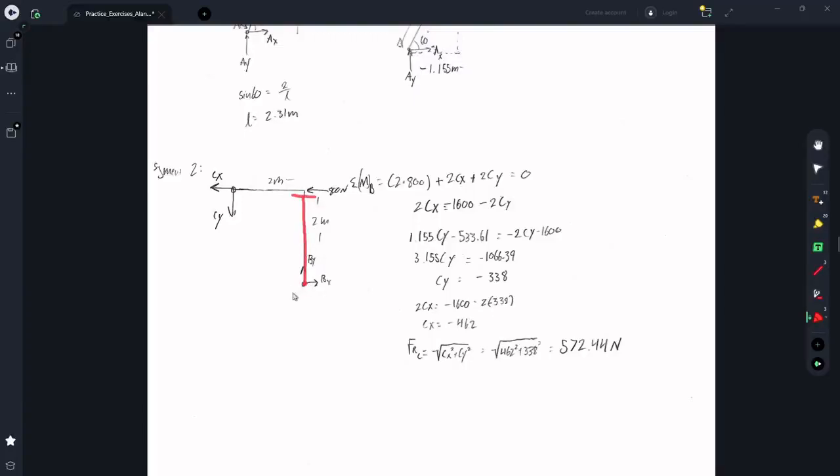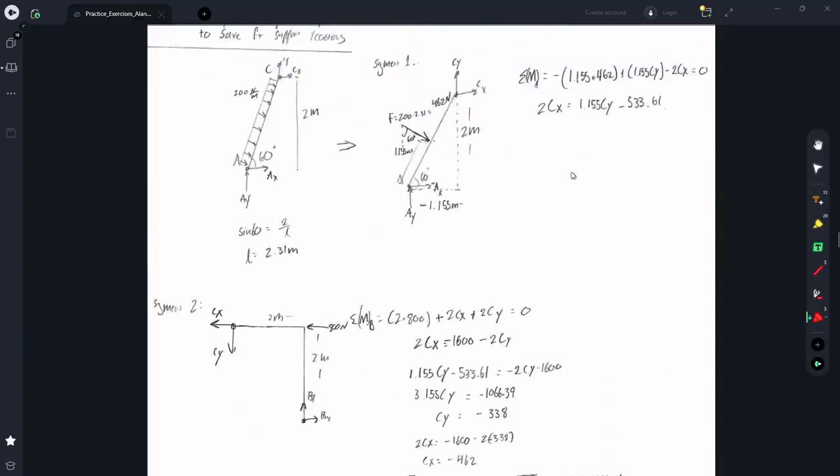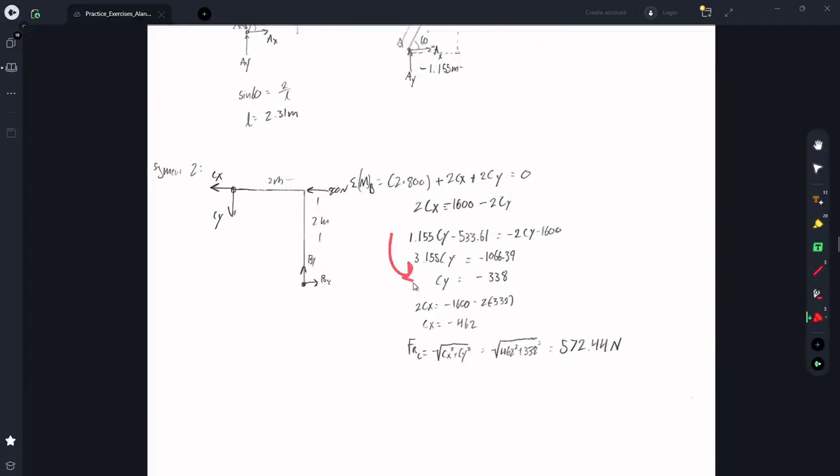That's going to be 2 times 800 for a positive counterclockwise moment, and then this 2 meters times CY, which is positive, and then 2 meters times CX, which is positive. Adding all these together, we get another equation: 2CX equals negative 1600 minus 2CY. I plug the old equation into the new equation, and I get CY equals negative 338 newtons.